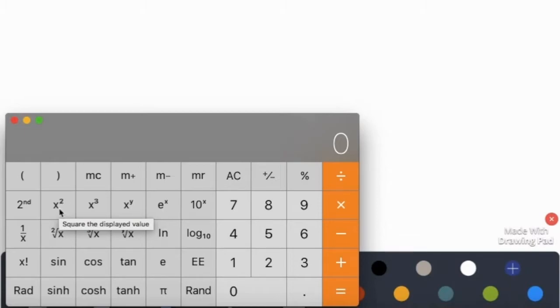So what that means is you're going to type in a base, a number, and then click this button, and the calculator will square it for you. You can type in any base. And for this one, it says x to the third. So you can type in any base, and then press this button, and it will cube it for you.